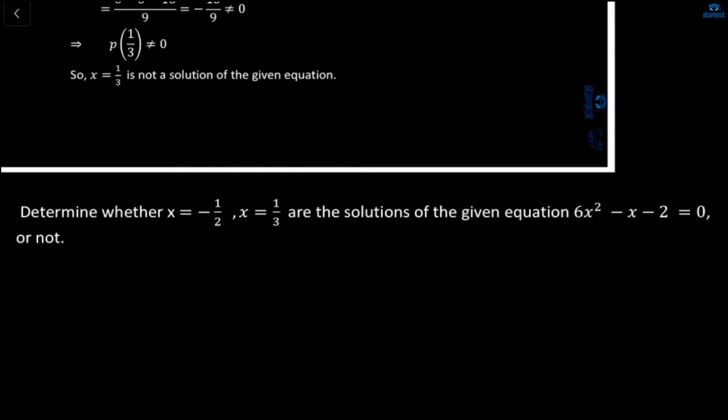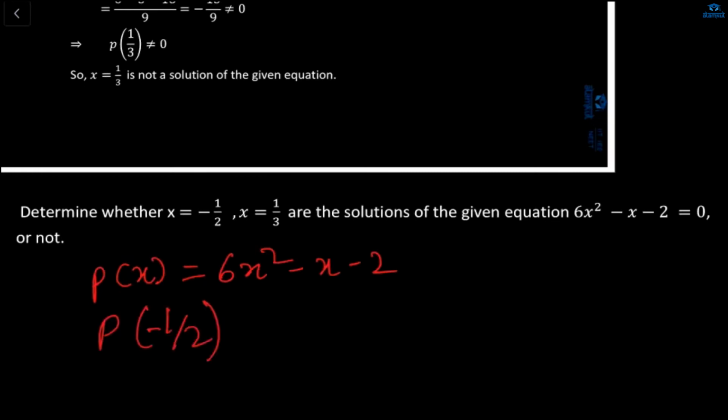We are assuming that p(x) is equal to 6x square minus x minus 2. You have done this in your polynomials also. Now you are going to check for p(minus 1 by 2). If p(minus 1 by 2) is equal to 0, then it is a solution of the given quadratic equation. So it will be 6 times (minus 1 by 2) square minus (minus 1 by 2).